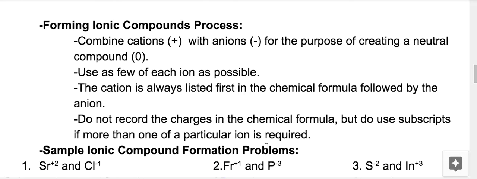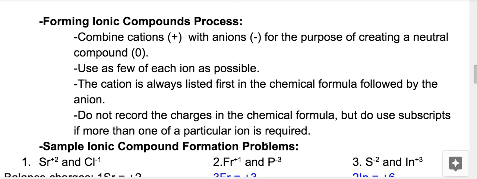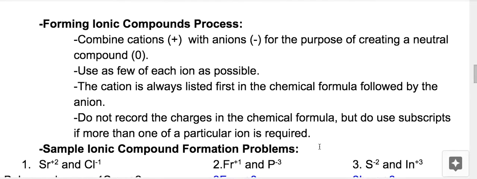Over here, we've got sulfur and indium. So this one's a little trickier because 2 can't directly go into 3. So just like in math, when we're trying to find common denominators, we have to do a little multiplication. So 3 and 2, their smallest common multiple is going to be 6.